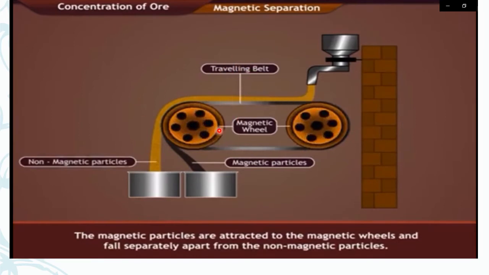These are the two magnetic wheels. These are the magnetic particles collected here. On the other side, non-magnetic particles are collected here. The magnetic particles are attracted to the magnetic wheels and fall separately apart from the non-magnetic particles.